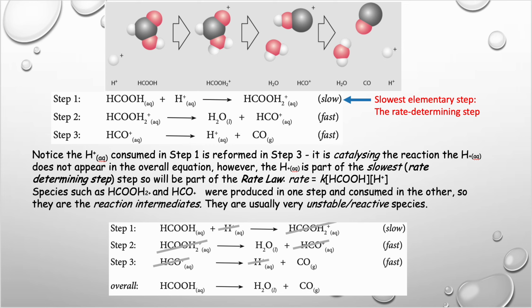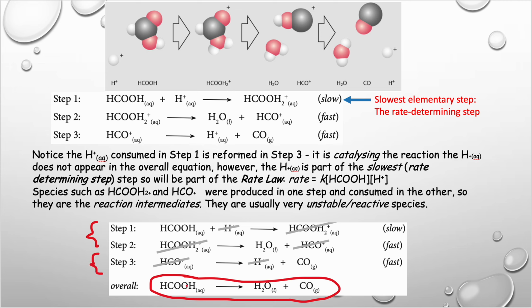And when we look at HCOOH as an overall chemical equation, this is what we see. This is what we have always seen, that it simply decomposes into water and carbon monoxide. It does not give us the details of how it really decomposed into all of this.